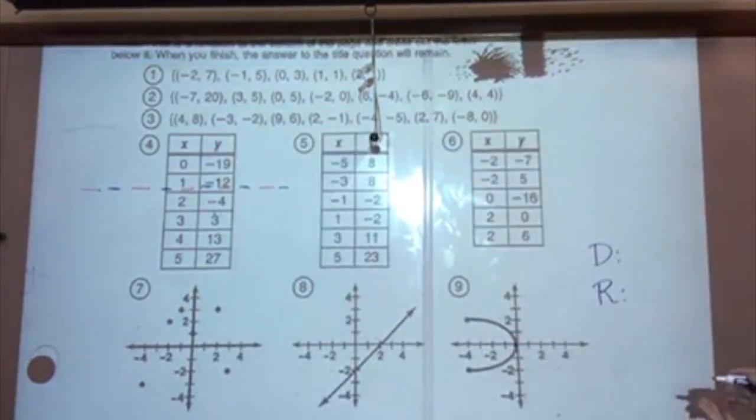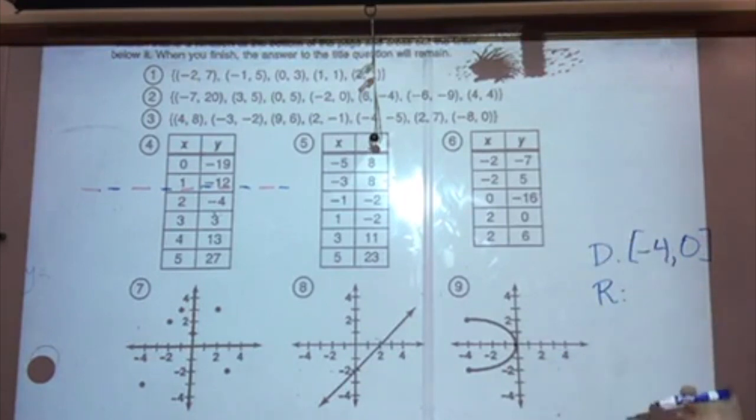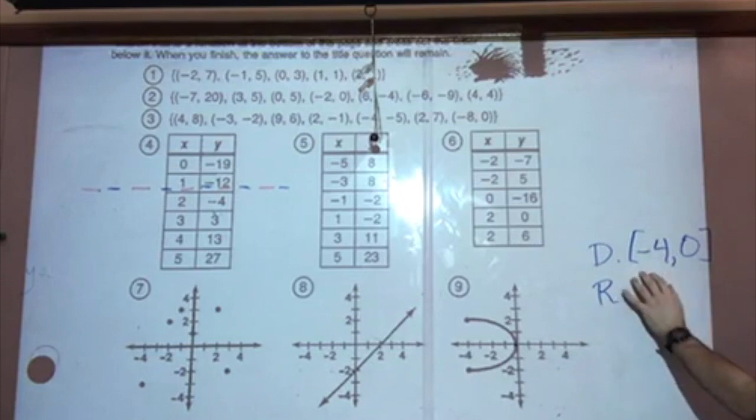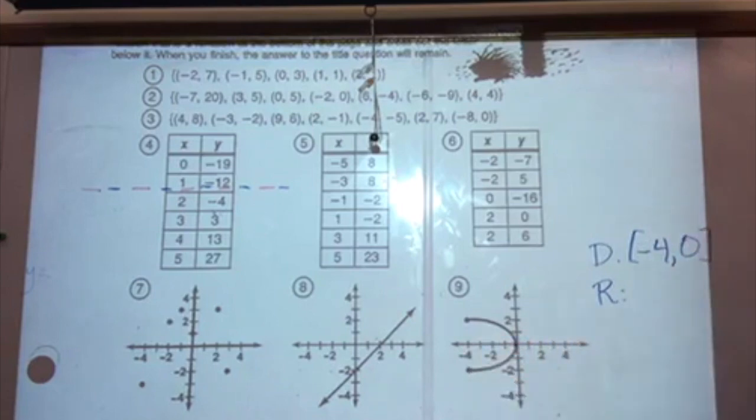So if I was saying what's the domain, I would write -4, comma 0, and I would put these sort of rigid brackets on the outside. That implies, and again, this is a little bit outside of Algebra 1, but it's really cool, all the values from -4 to 0 are possible x values in this function.